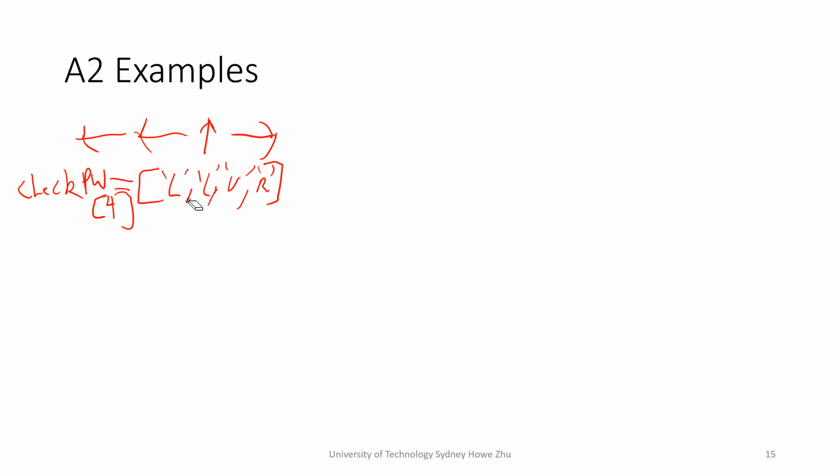You can also just store it as a number. So I can say every left is a 1, every up is a 2, every right is a 3, and then down is a 4. So then I can go 1, 1, 2, 3. And that's another way I can do it. So this way I now have an array that I can always check against.